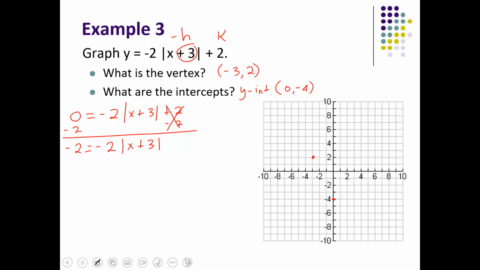Now I have to divide both sides by -2 to get rid of this -2, since the opposite of multiplication is division. -2 divided by -2 is +1, equals, this is a 1 here. Normally you don't see it, so we just leave that blank and rewrite the absolute value of x plus 3.